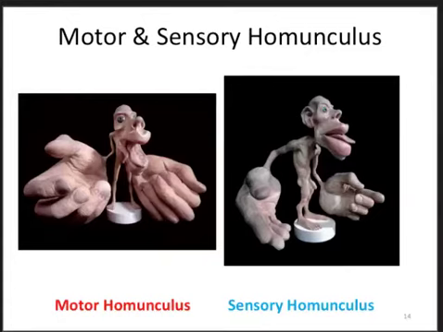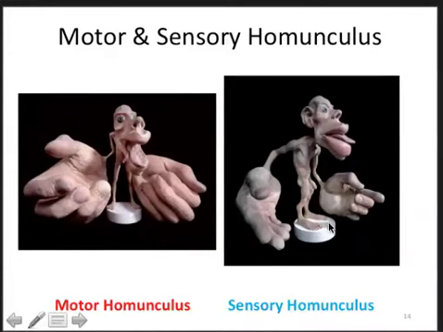So in the motor homunculus, notice the large face, the lips, the tongue, the very large hands, because of the amount of motor control that we need over those components in the body. Whereas with the sensory homunculus, we see disproportionately large face, lips, tongue, hands, and also feet that are larger in proportion to the rest of the body as well.